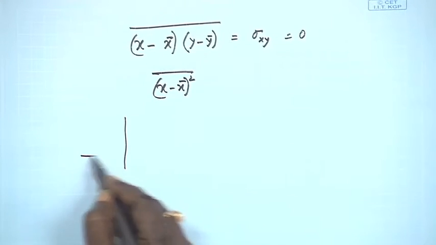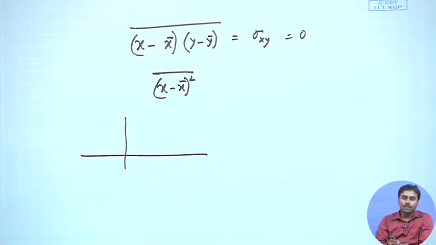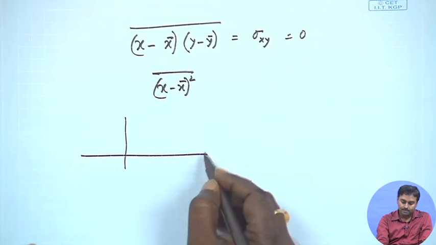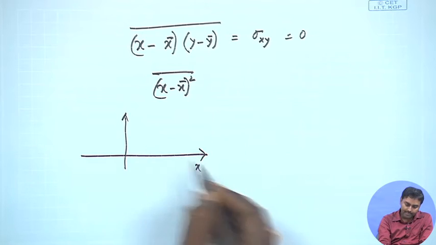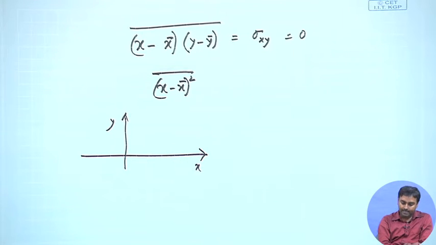Now, let us try to plot them. We choose multiple days, and this is the x axis and y axis. In the x axis we plot the temperature in a day, and in the y axis we plot the amount of soft drinks that has been sold. This is called a scatter diagram, where every day is put somewhere.